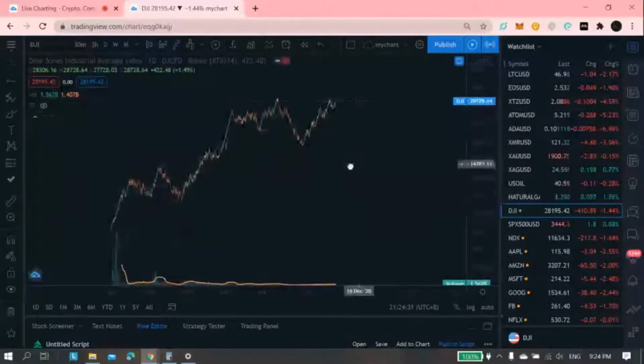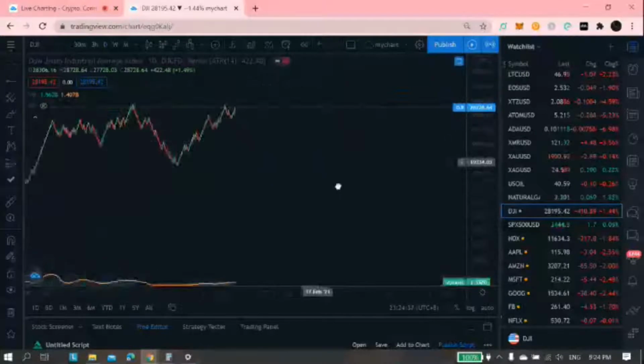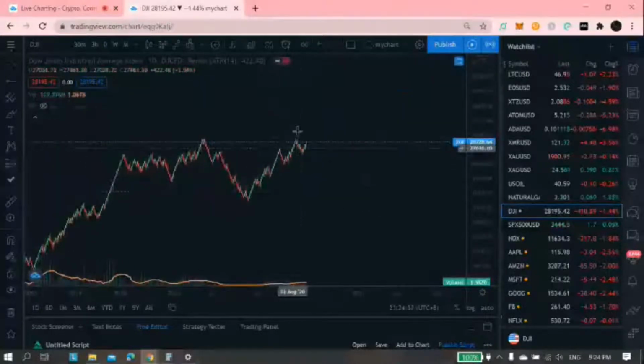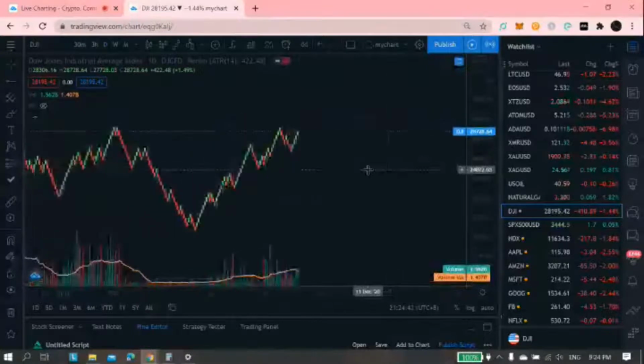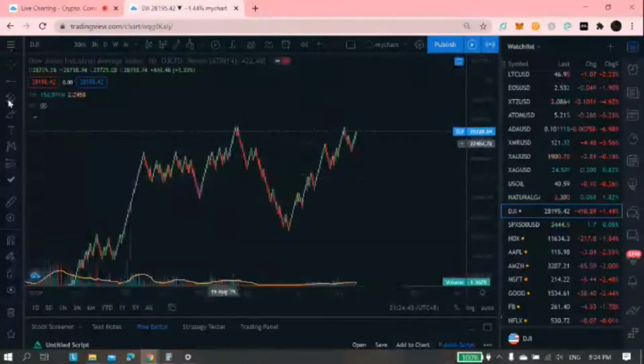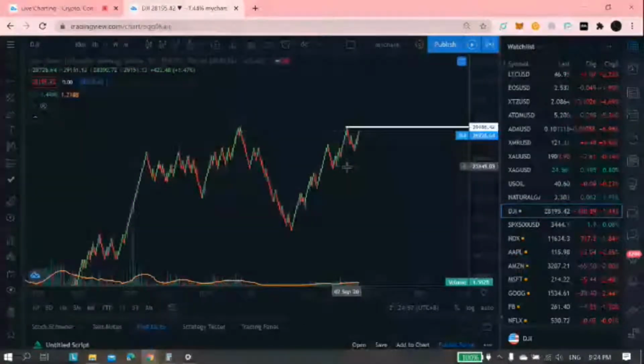Same with NASDAQ and S&P 500. So my next possible target here is, of course, to retest this next Renko bar, which is around this 29,151 level.